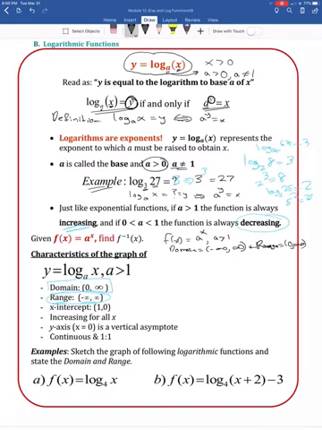Well, we're the inverse now, because this is going to be our inverse function. So our domain is 0 to infinity, which is what our range was in the exponential. And our range is all real numbers, which is what our domain was on our exponential.